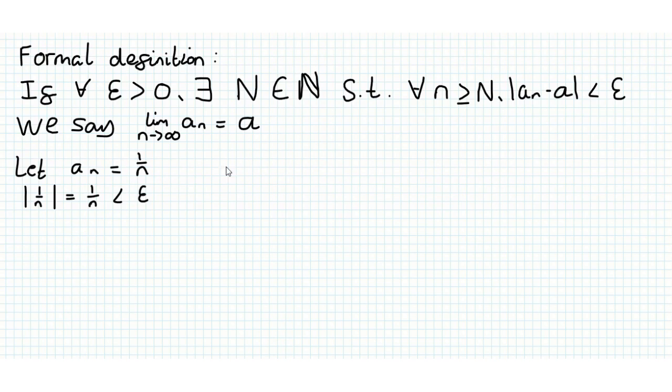Okay, so that's working from this, and that would imply that n is greater than 1 over epsilon. So what this tells us is that if n's greater than 1 over epsilon, then 1 over n is less than epsilon.